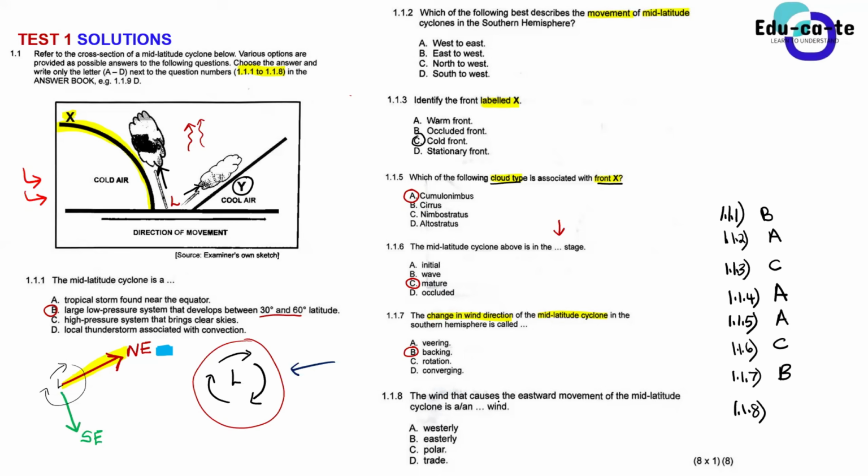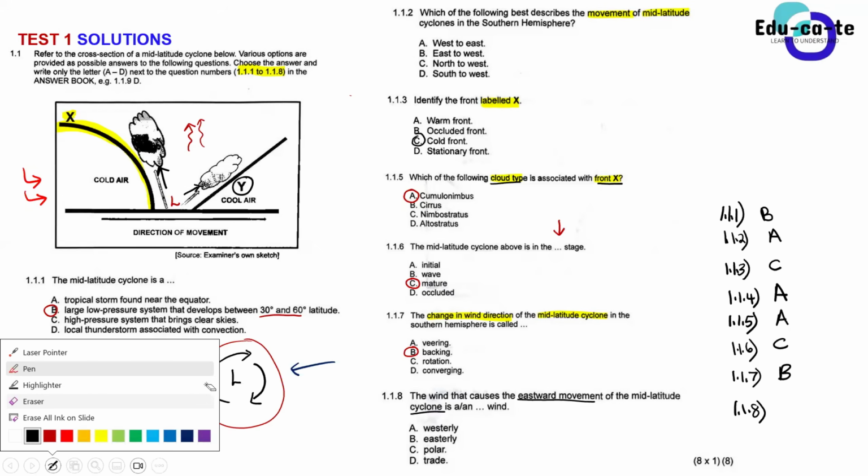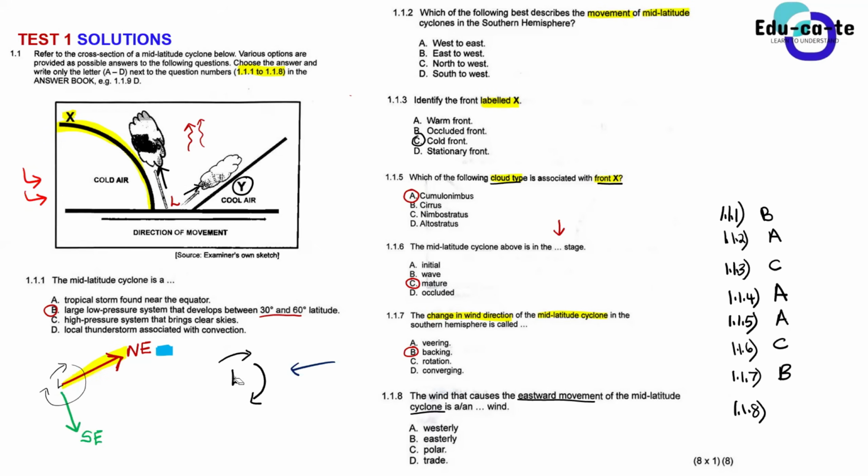1.1.8 says the wind that causes the eastward movement of the mid-latitude cyclone is an wind. Since the mid-latitude cyclone moves eastwards, from west to east, what wind is responsible for moving it in that direction? Yes, Mokobe? I think it's warm westerlies. Yes, it is the warm westerly winds.